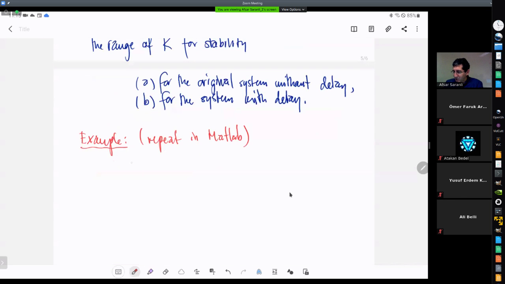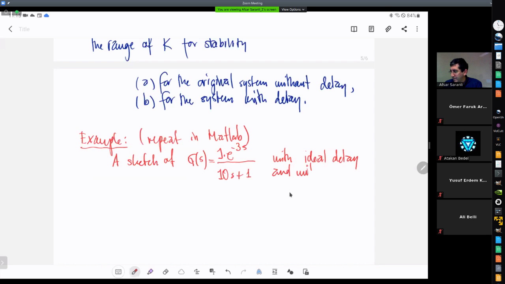Okay, a sketch of G of s is equal to a gain of 1, e to the power minus 3s over 10s plus 1, with ideal delay and with Padé approximation.